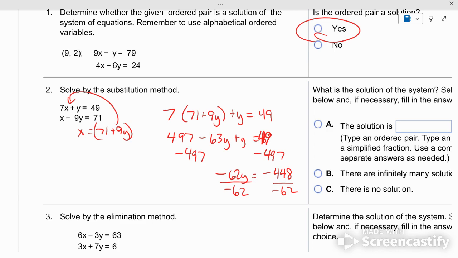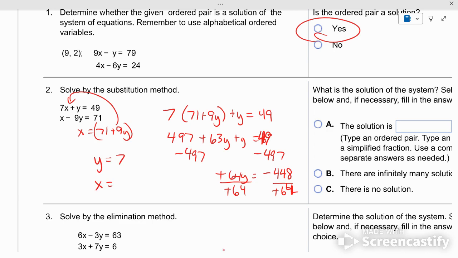Plus 9y, which makes 64y. And then this is positive, positive, positive. So 448 divided by 64 is 8. No. 7. Yeah. So y equals 7.